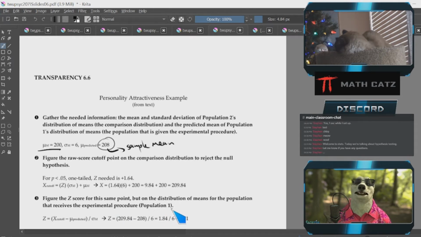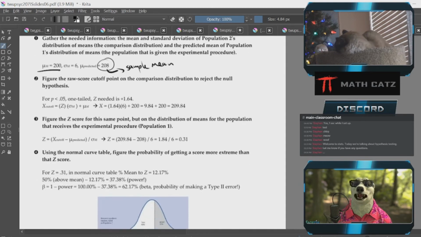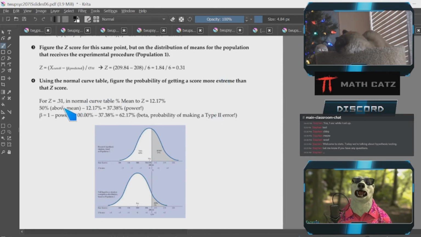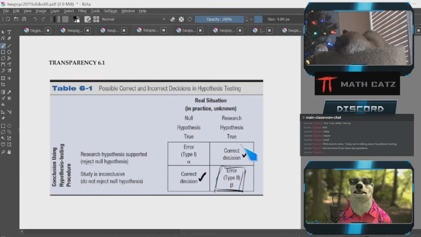In that distribution, because we now assume the research hypothesis is actually true, the 209.84 corresponds to a z-score of 0.31. I have a little picture here as well. It's just a little small. For that one, we look it up in the table and we get a power of 37.38. That means that we correctly rejected the null hypothesis. So over here, this will be power.